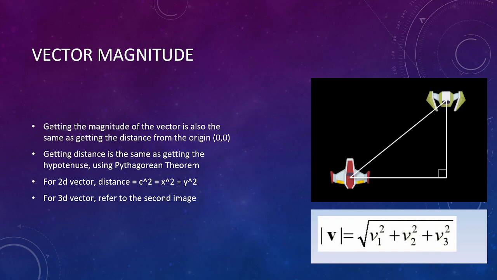X squared plus y squared is equal to z squared. So to get the magnitude, you just have to get z. For a 3D vector, it's almost the same thing except that you have an additional third component, z. But you solve it the same way.